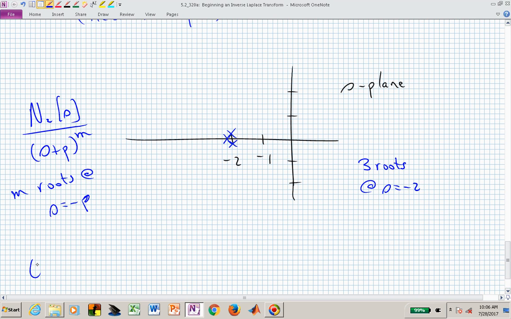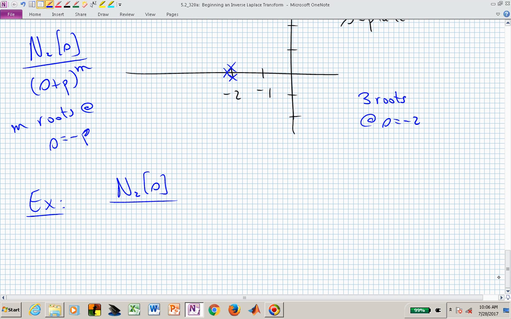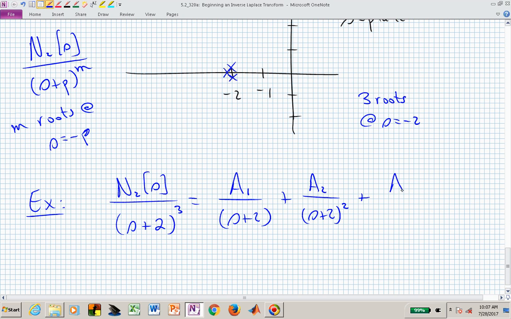So in this particular case, if we now say we have n sub 2 of s over, what we now have is s plus 2 cubed. Then what we have is a1 over s plus 2 plus a sub 2 over s plus 2 squared plus a sub 3 over s plus 2 cubed.